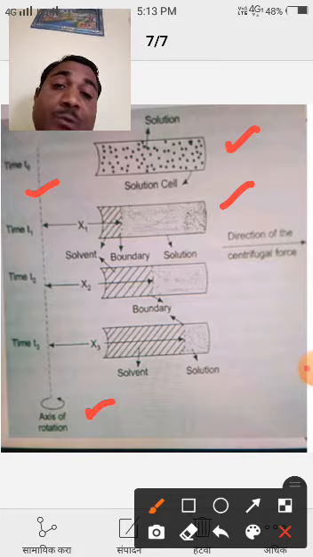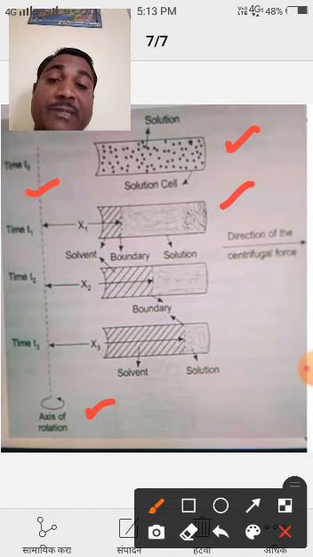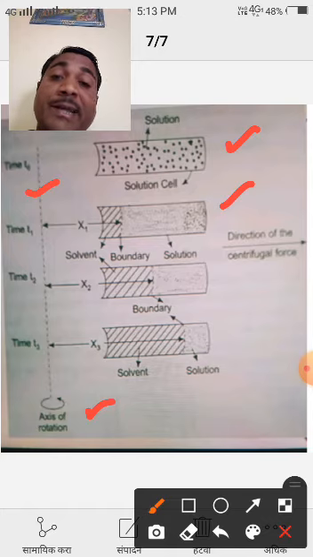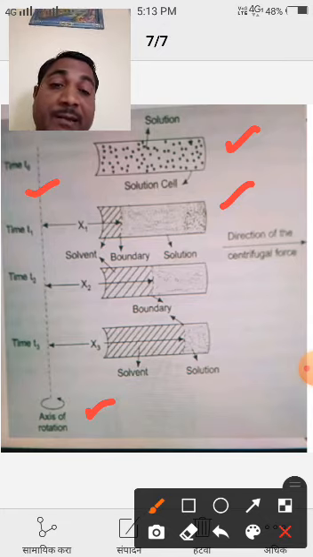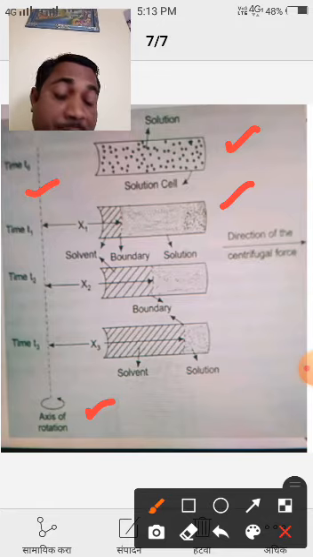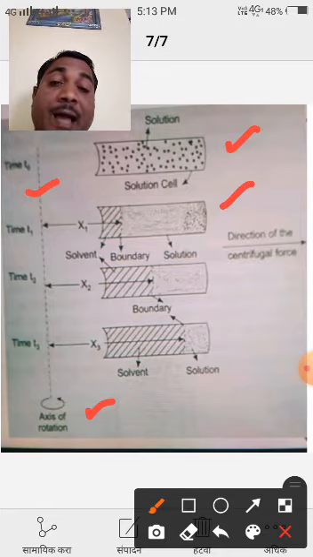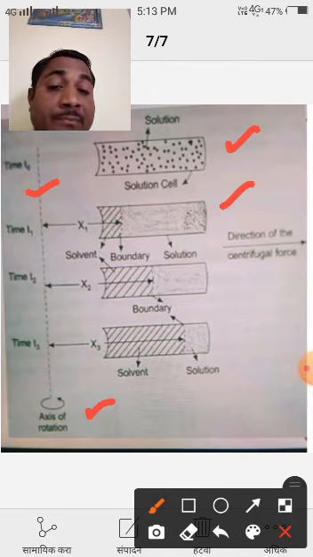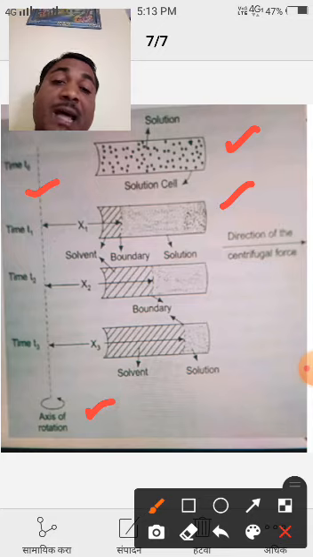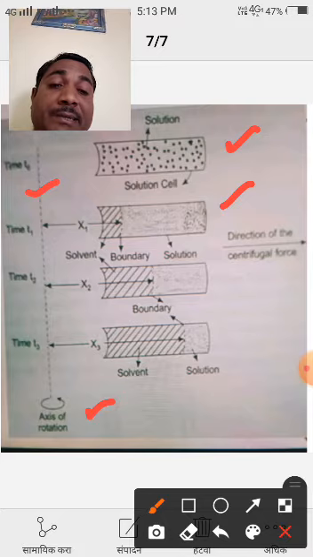The cell is rotated at 65,000 rpm, the colloidal particles are sedimented under gravitational and centrifugal force, and readings are taken.